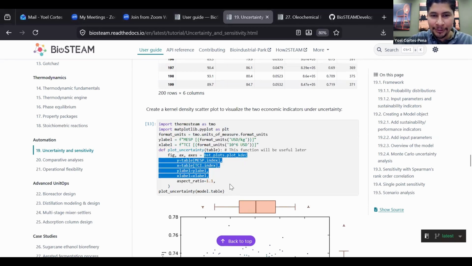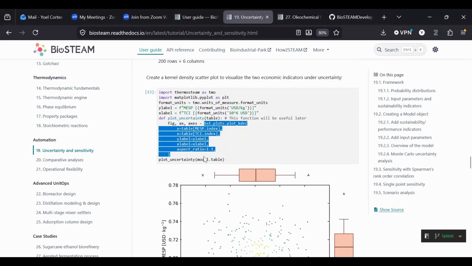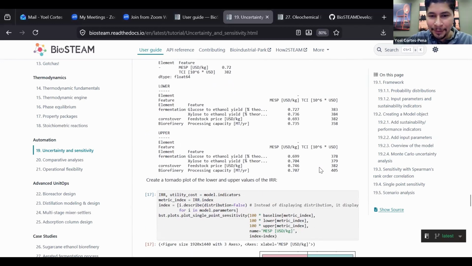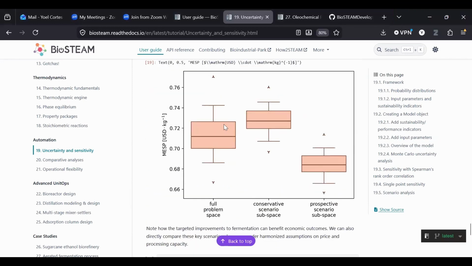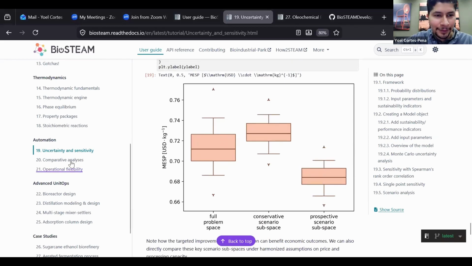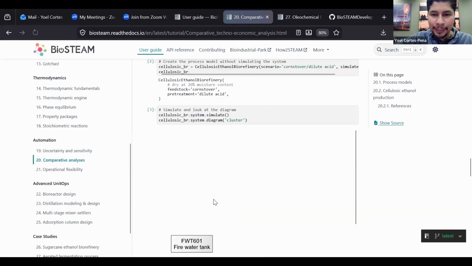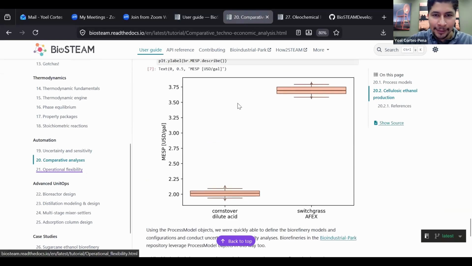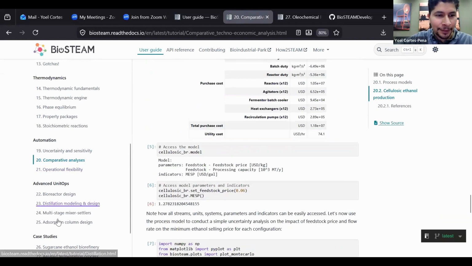Plot KDE, kernel density. For sensitivity analysis, right? For box plots, for example. Here we have more box plots that might be useful for you.